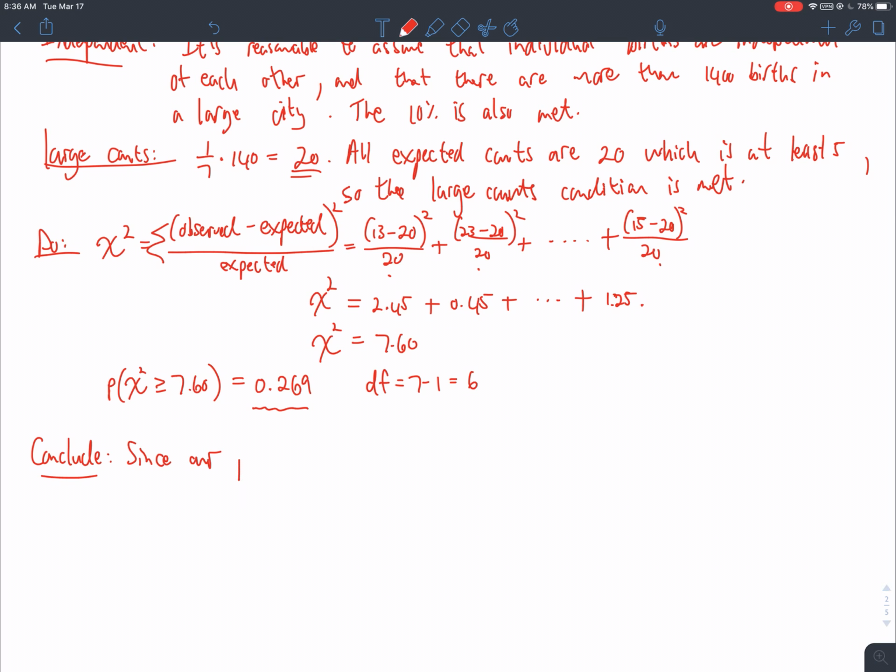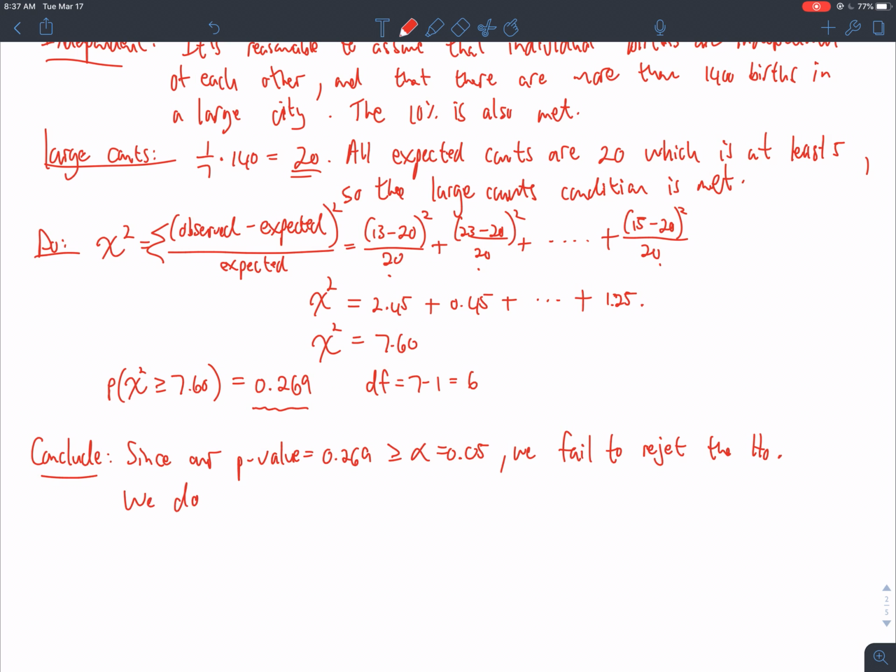Since our p-value, which is 0.269, is greater or equal to alpha, which is 0.05, okay, we fail to reject the null hypothesis. Okay.